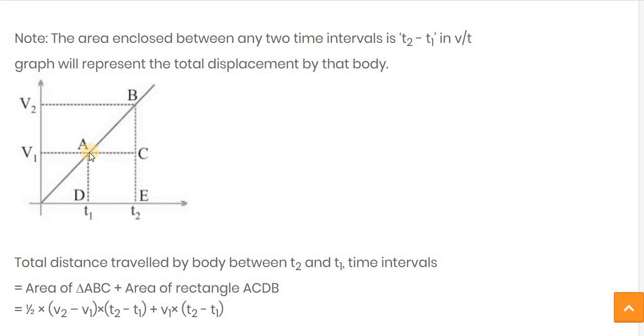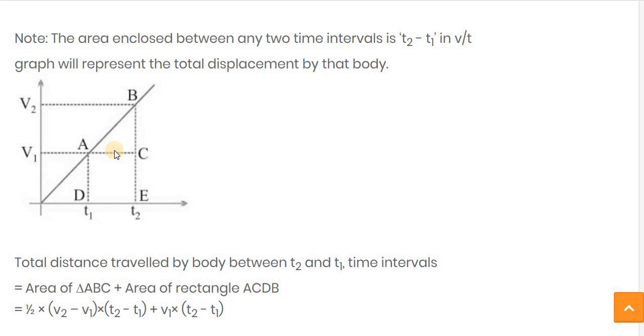This area is ABDE. If you see carefully, it is made up of two things: the triangle ABC and ACED, which is a square, or you can say a rectangle.